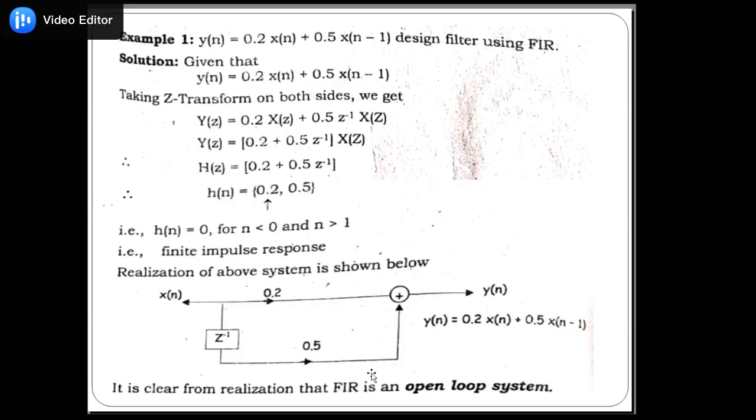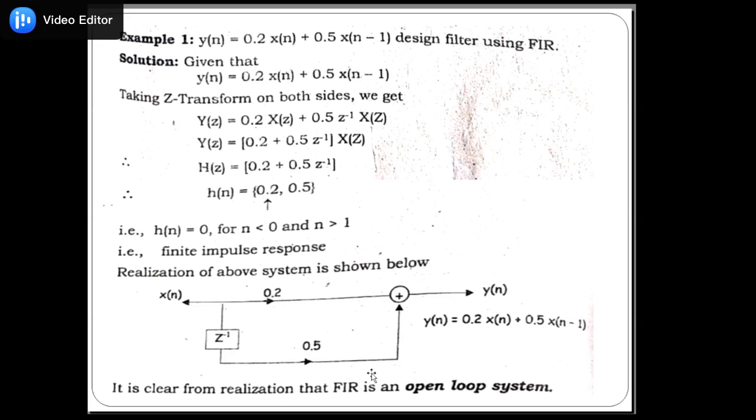Then take one example of a FIR filter. y(n) = 0.2 x(n) + 0.5 x(n-1). That is the delayed version of the input sample. Design the filter using FIR. That is the given data.